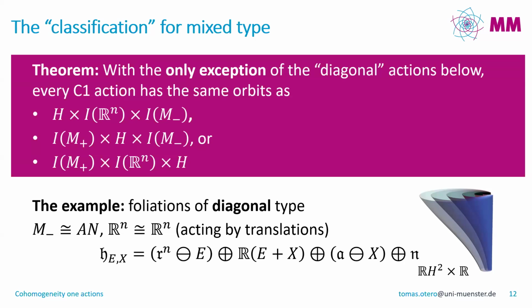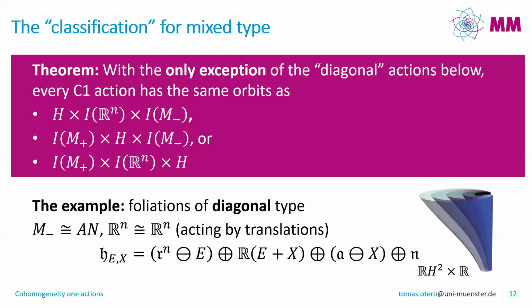And so the way we construct these diagonal actions is the following. Take a vector E in Rn and consider the orthogonal complement, again with respect to the induced metric, of E in Rn. And take a vector X in A and consider again the orthogonal complement of this vector. And this gives you two codimension-one subspaces of Rn and A, respectively.